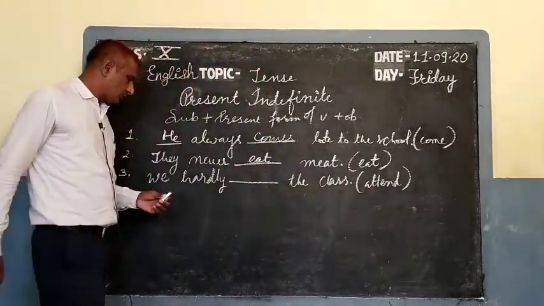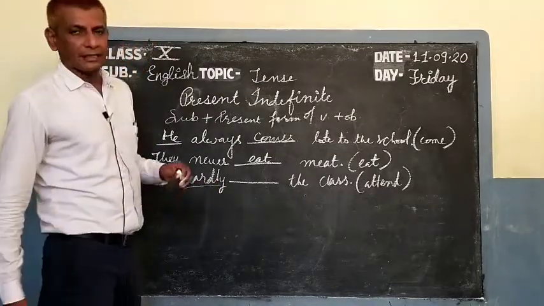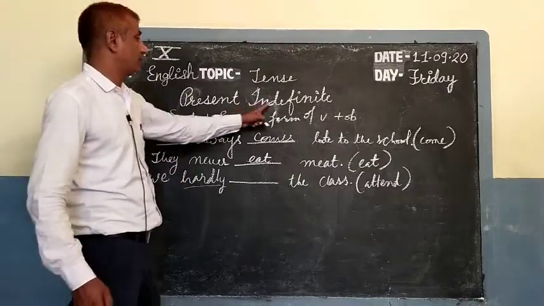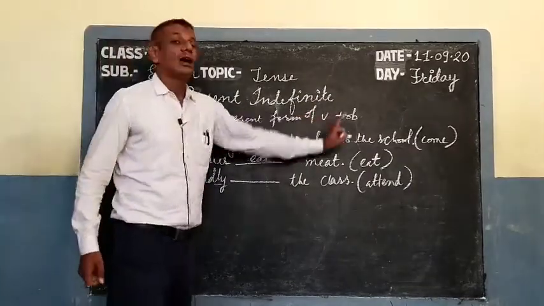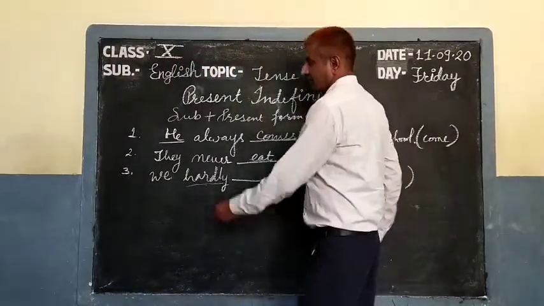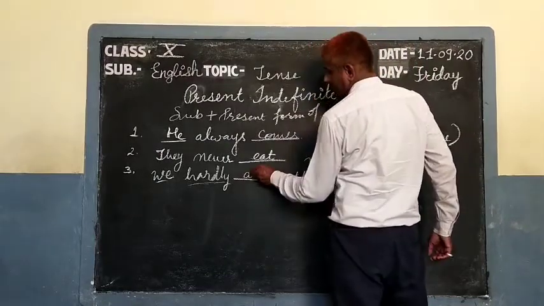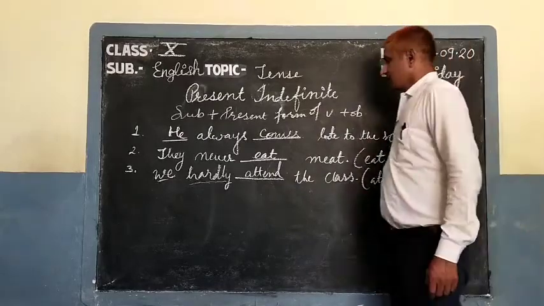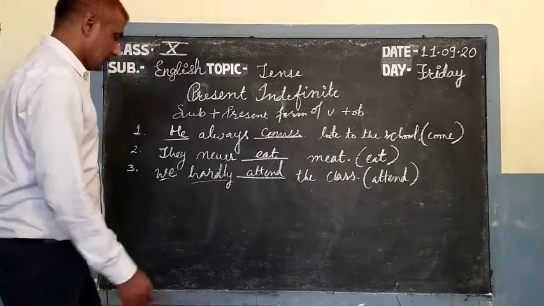So I told you in the identification words, hardly word, and you see the hardly word means this sentence is of present indefinite, and according to present indefinite we use the present form of the verb. So attend is a verb, and here the subject is in plural number, so the verb will be in the singular form. Attend the class, hardly attend the class. So this way we change.